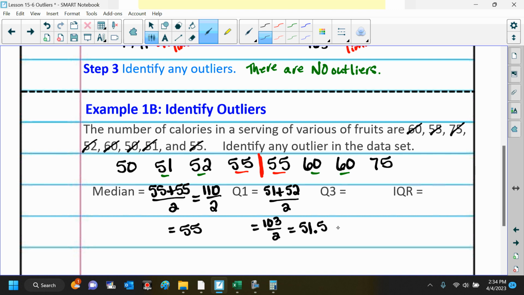Now, for quartile 3, if you add 60 plus 60, if you have the same number and you're adding them together and dividing by 2, then I'm okay with you just writing the answer, because 60 plus 60 is 120, and then 120 divided by 2 is 60 again. And it's going to be that way every time. If you are adding two of the same numbers and dividing by 2, you're going to get the same as those two numbers. So quartile 3 is 60.